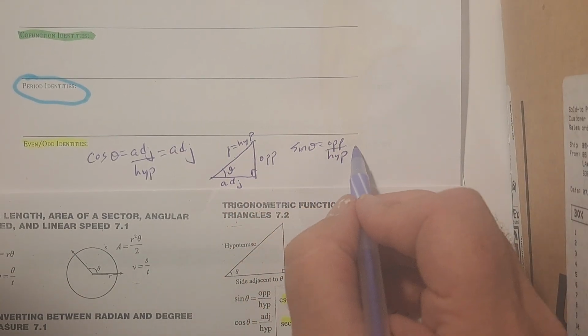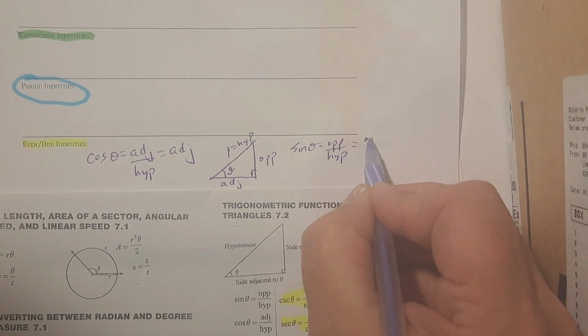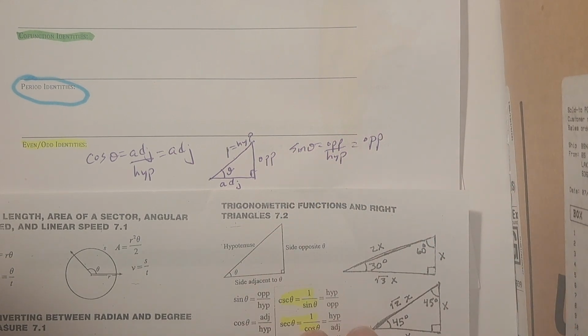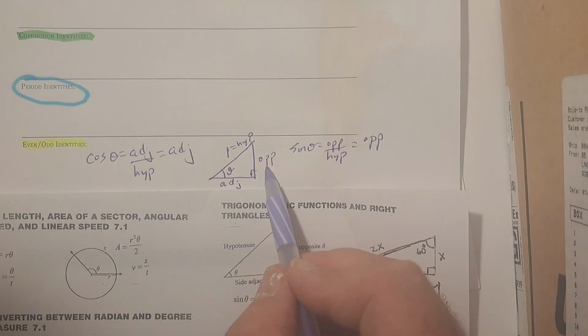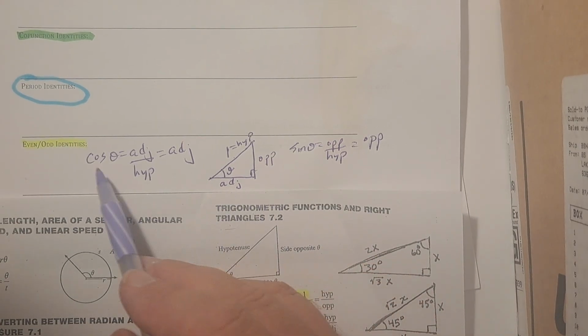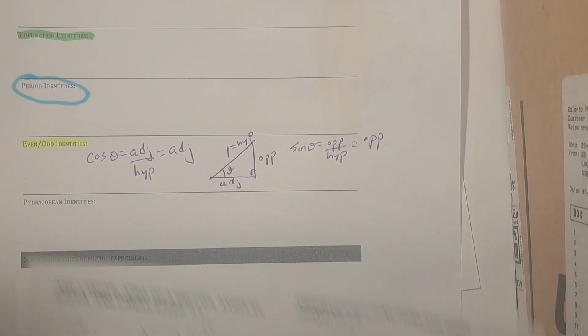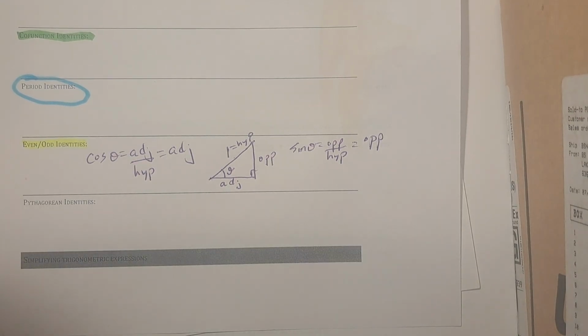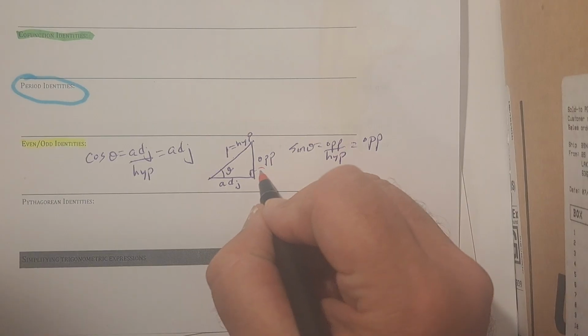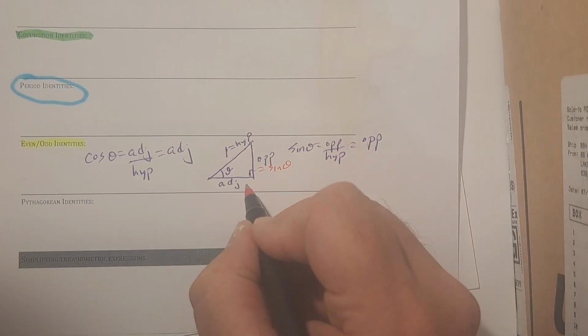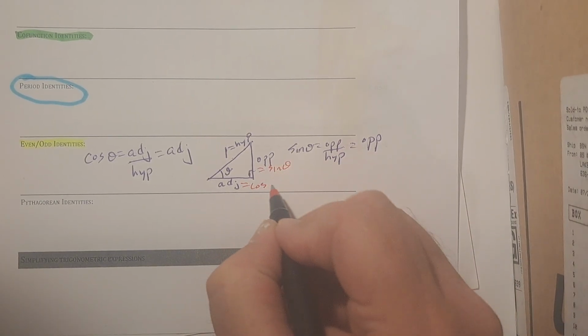But in this triangle, hypotenuse is 1, so it's just opposite. So I could relabel the opposite side as just sine theta, and the adjacent side is just cosine theta if the hypotenuse is 1 like it is in the picture. And that's what I'm going to do. Opposite side is sine of theta. Adjacent side is cosine of theta.